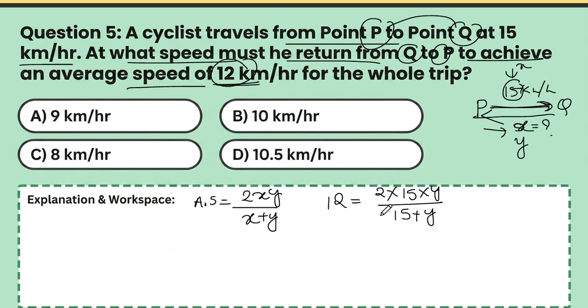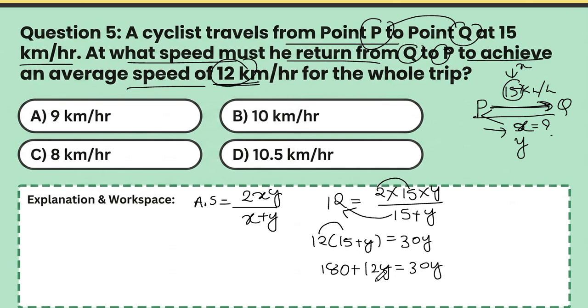To find y, we will do cross multiplication. 12 into (15 plus y) is equal to 2 into 15, which is 30y. Multiplying 12 inside, 12 into 15 is 180, plus 12y is equal to 30y. If we take 12y to this side, we get 180 is equal to 30y minus 12y. So 30 minus 12 is 18y, which is equal to 180.